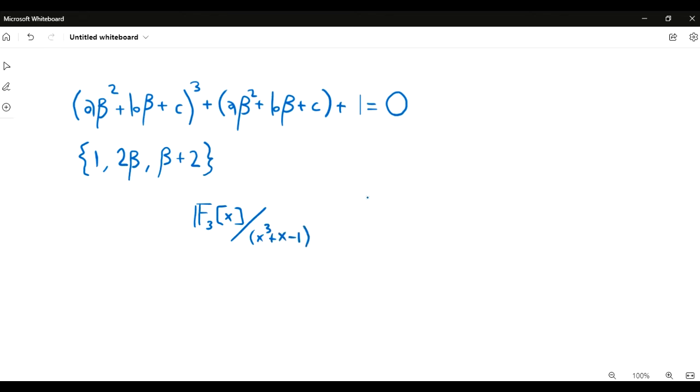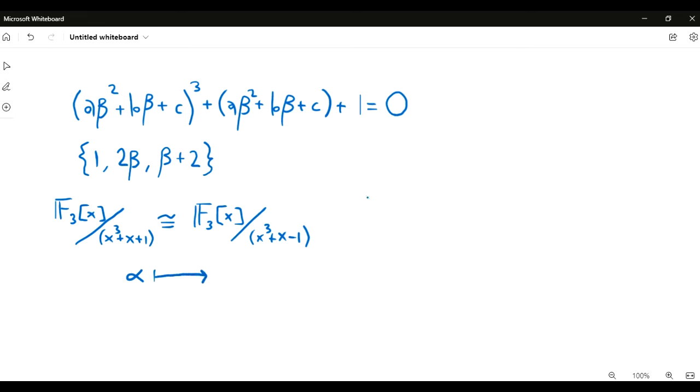And remember that our original goal, right, was to find isomorphisms. So we had F3[x] over x to the third plus x plus 1. And we wanted to find explicitly all of the isomorphisms between these two fields, right? So we were looking for where we can possibly send alpha.